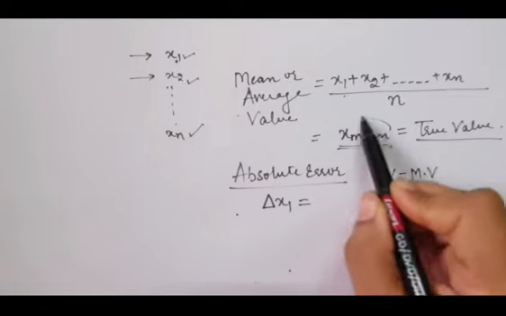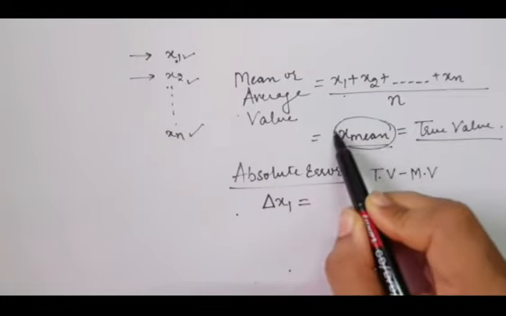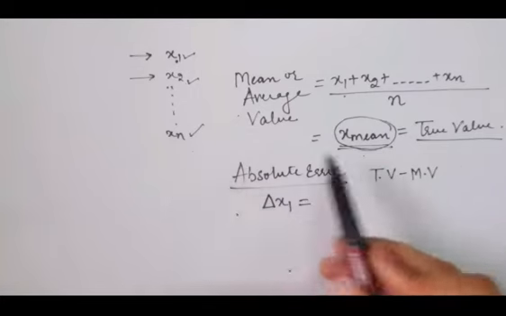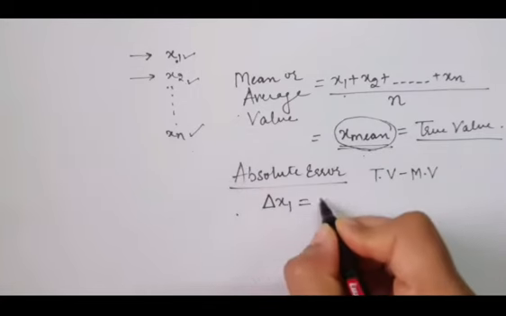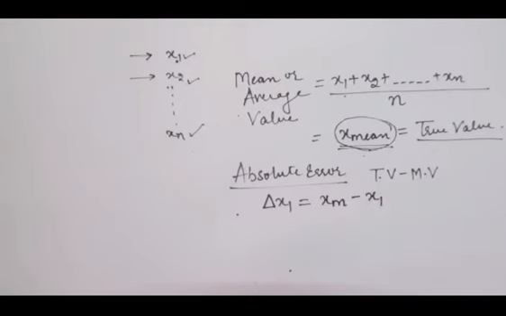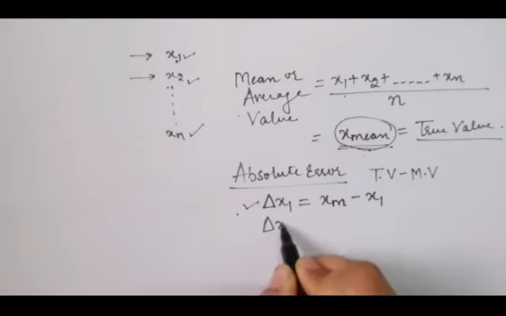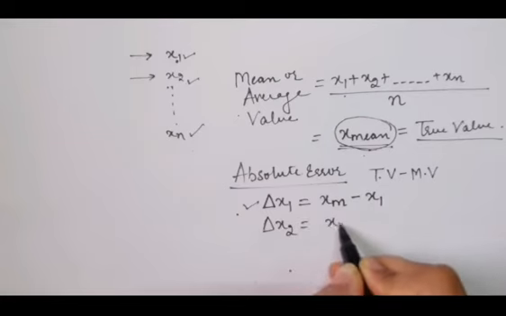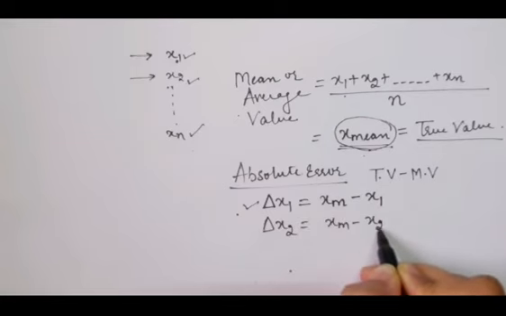Now, how will we calculate the true value out of the given values? By taking the mean. So the true value is the mean value minus the measured value, that is x1. This is the error in the first reading, right? Similarly, the error in the second reading is the mean value minus the second measured value.